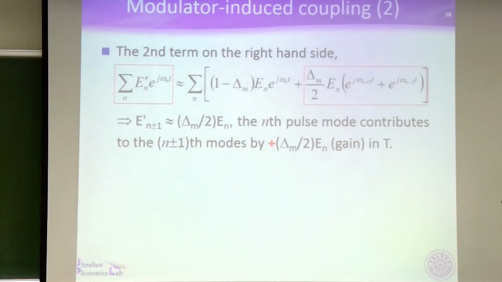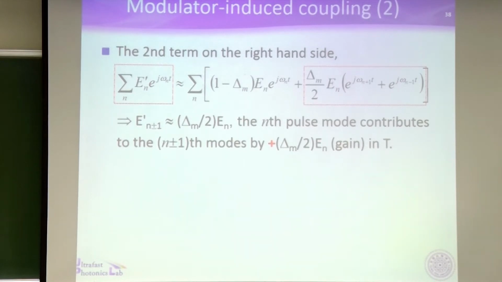The new phasor of the two side modes is approximated by a positive number, delta m over 2 times En, the old phasor of the nth pulse mode. So together, the nth pulse mode contributes to its two neighboring modes by a positive term, or a gain term, in one round trip. So it's different from the first term.